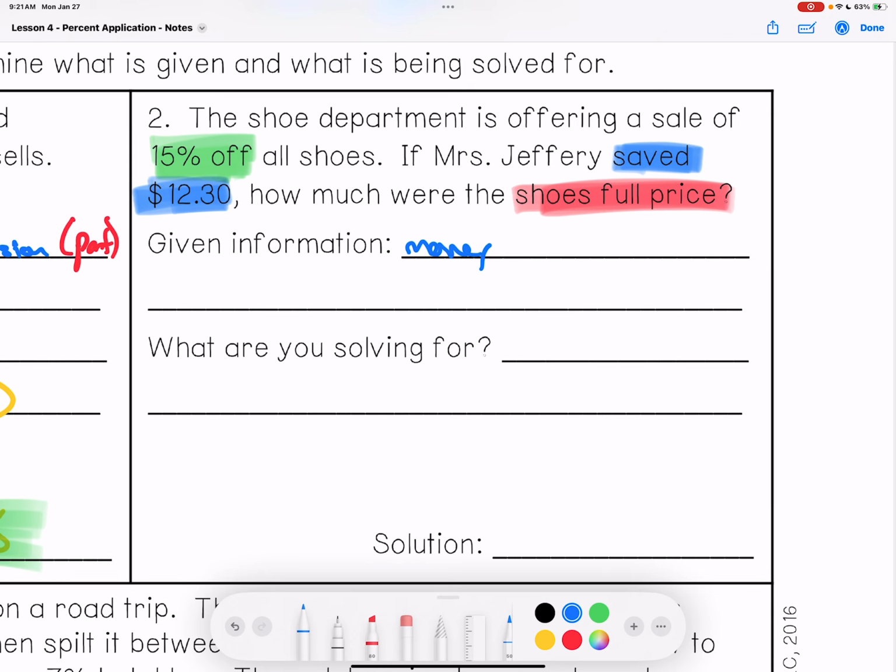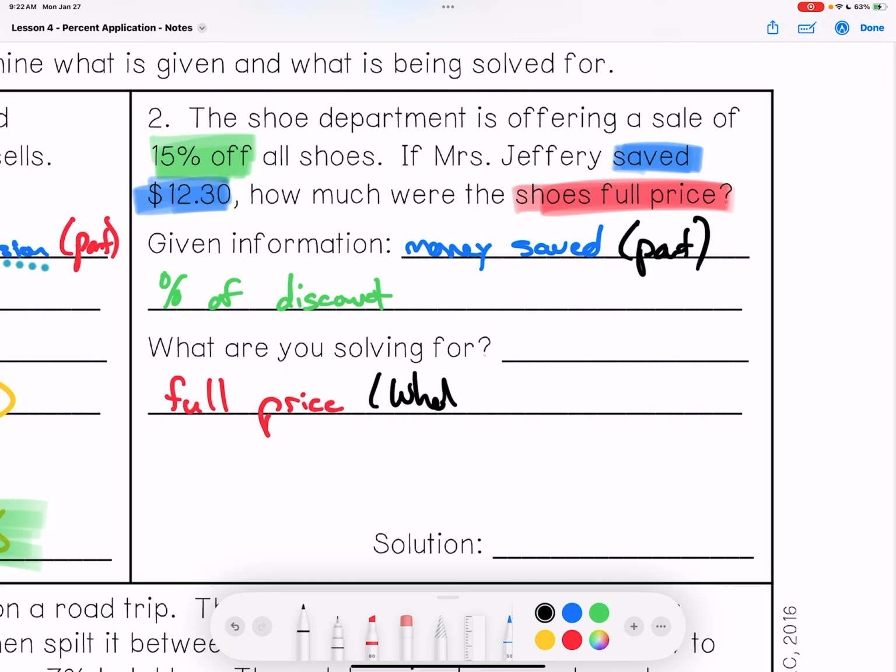We'll just put money saved. Is that going to be the part or the whole? It's going to be the part, because that's not the total cost. And then what else do we know? We know the percent of discount. And then what are we looking for? The full price, which is the whole. And this is the percent.